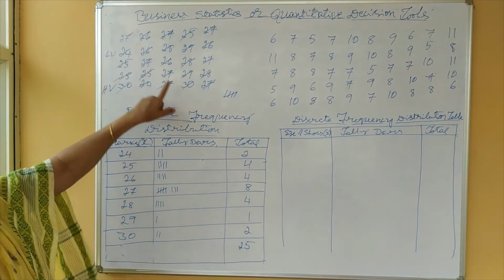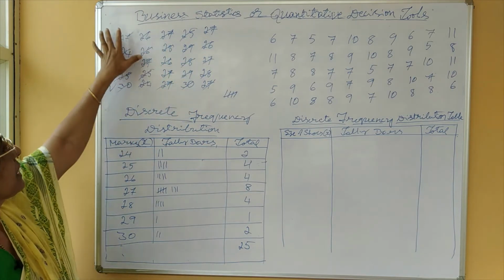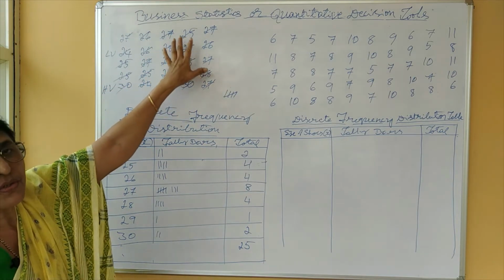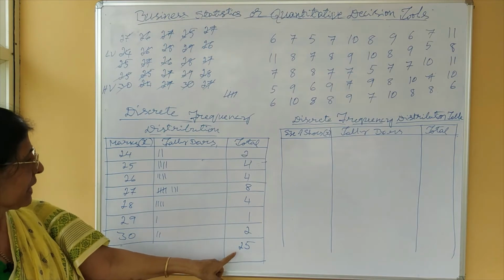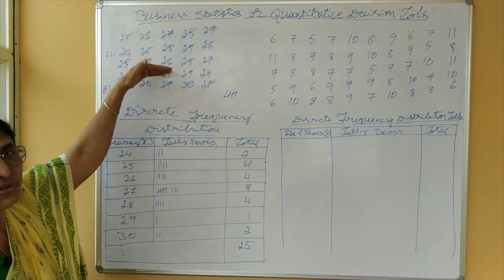Okay. Now, here this total should be equal to the number of values given in the problem, then it is correct. Now, here you may find the difference between these two.